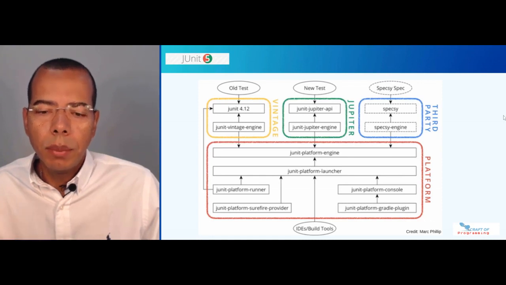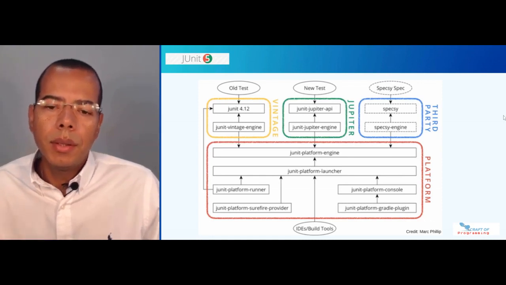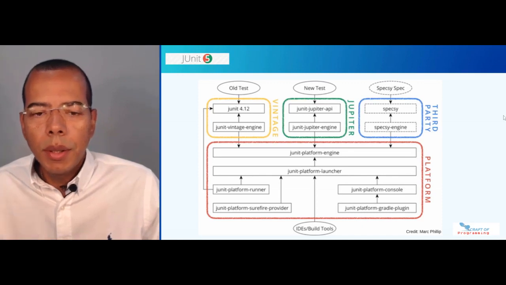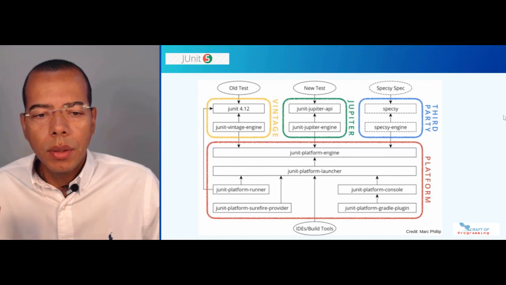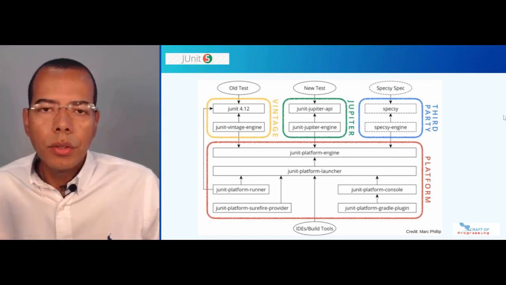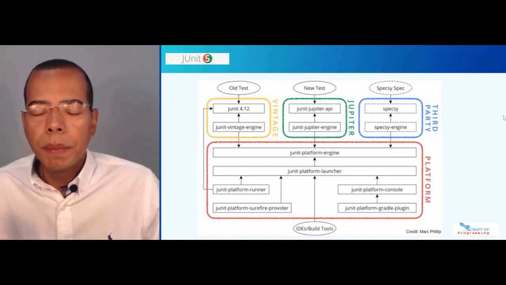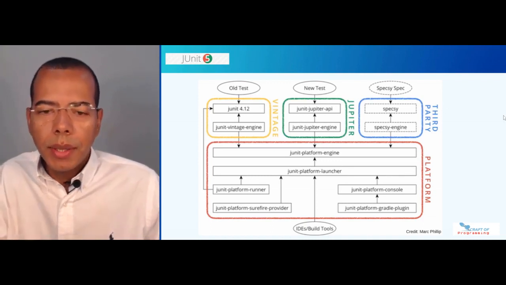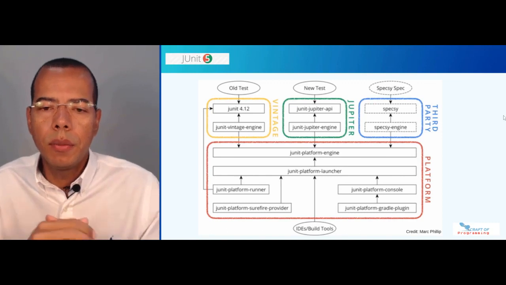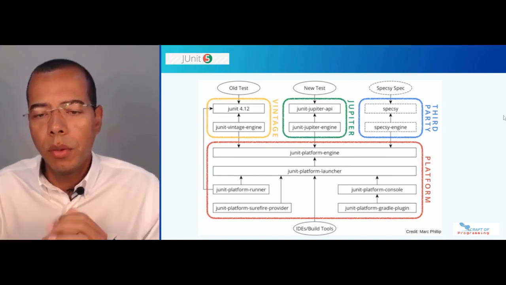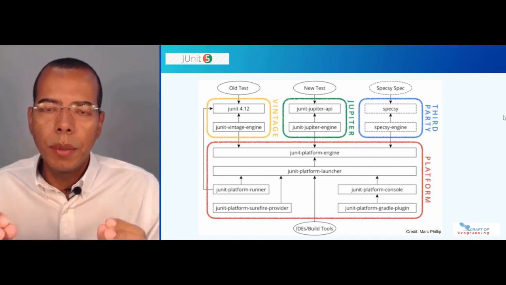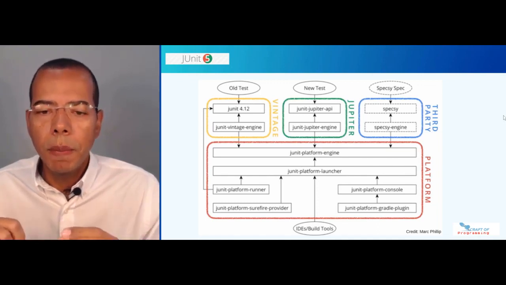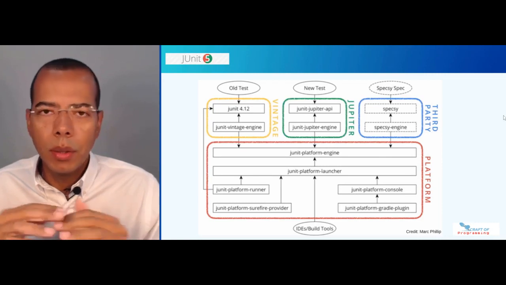They would depend on the platform, people that write tests would depend on the Jupiter API, and old JUnit 4 tests would depend on the Vintage API. And there are also third-party dependencies. Notice that if you're writing a JUnit 5 test and you depend on the Jupiter API, you don't care about what's under the hood.